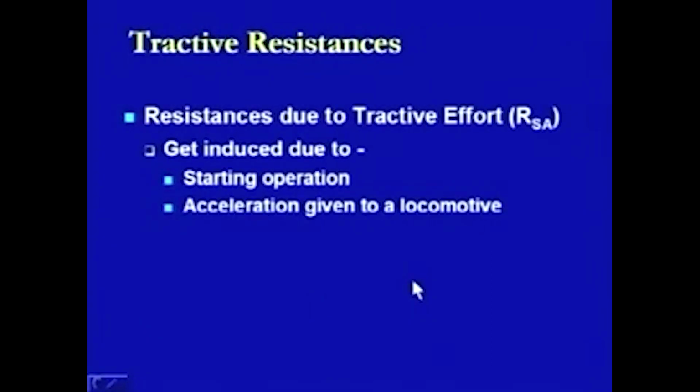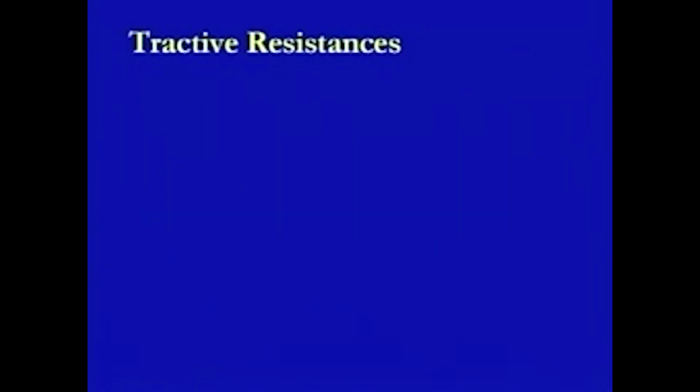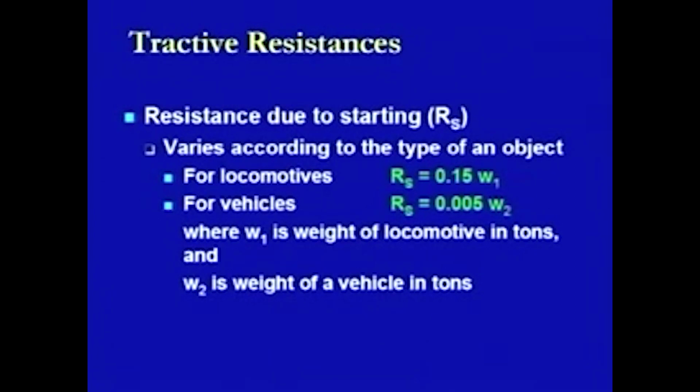Now we come to the other condition, where the resistance is being offered by the tractive effort. Here we will be looking at two conditions. One is because of the starting, another is because of the acceleration. In the case of the starting, the value is defined differently for the locomotives and for the vehicles, that is, the wagons. It is defined as 0.15 W1, where W1 is the weight of the locomotive, and in the case of the wagons or the vehicles, it is defined as 0.005 W2, where W2 is the weight of the vehicles.